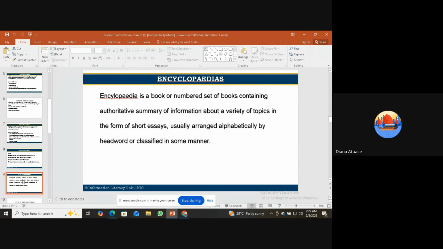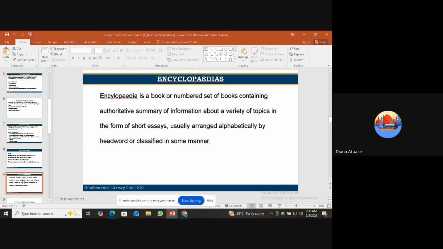Then we have encyclopedias, which are also reference materials. An encyclopedia contains a set of books, and mostly encyclopedias are written by people who are experts in a particular field. They contain a variety of topics. Encyclopedias present information in the form of short essays, and they are arranged alphabetically.